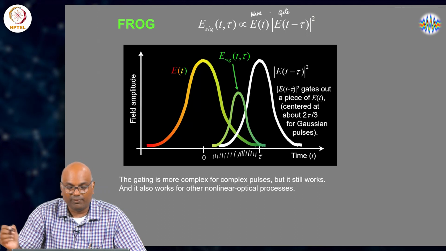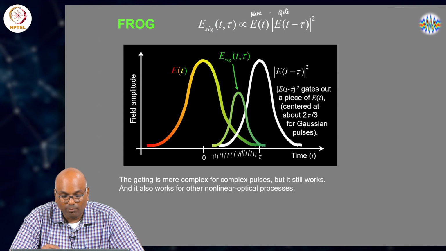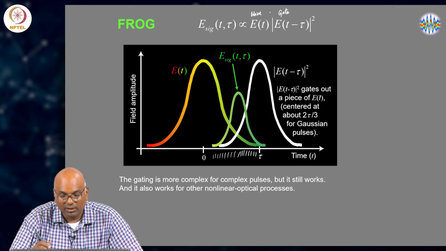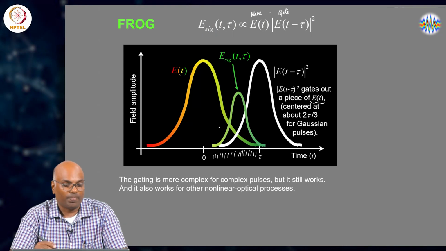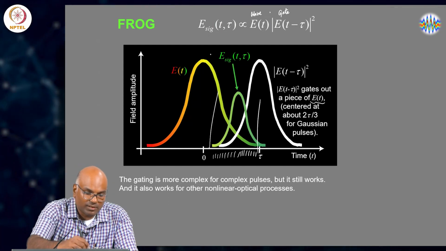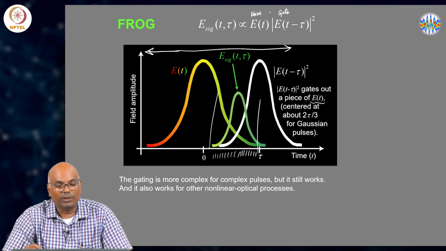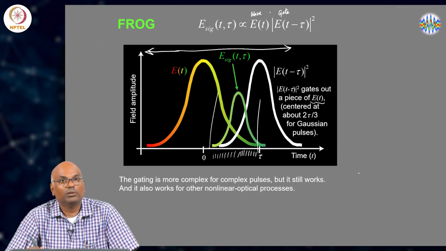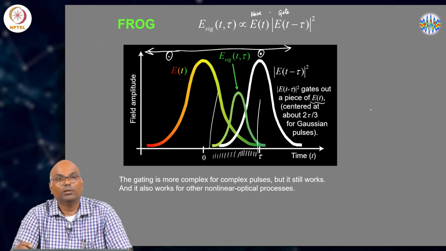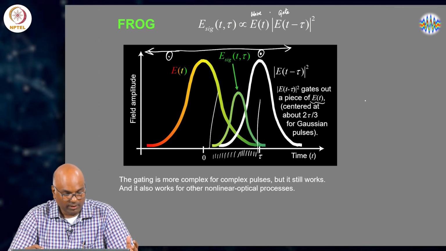From this region of overlap, we generate a signal, that is mod square of E of t minus tau. This intensity function gates out a piece of E of t. But then this gate is going to scan the span of this pulse and more. The gate is on wheels; it is going to scan this and give us a full spectrogram.